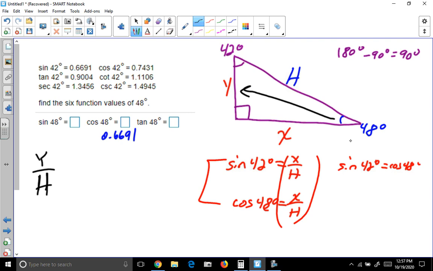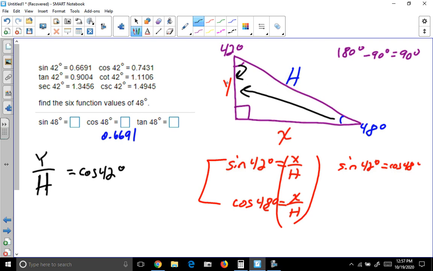What about in terms of 42 degrees? Well, y is adjacent to 42 degrees. Which trig ratio involves adjacent? That's cosine. So cosine from 42 degrees is adjacent y over the hypotenuse. So while y over h is sine from 48 degrees, y over h is cosine from 42 degrees.